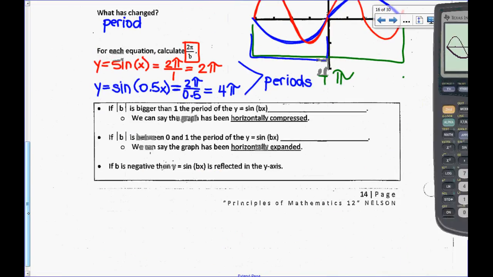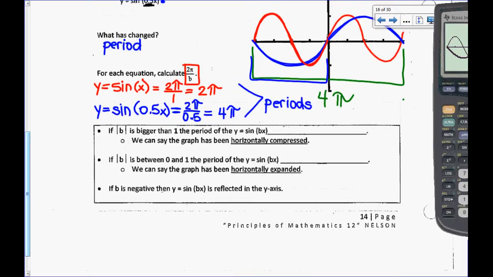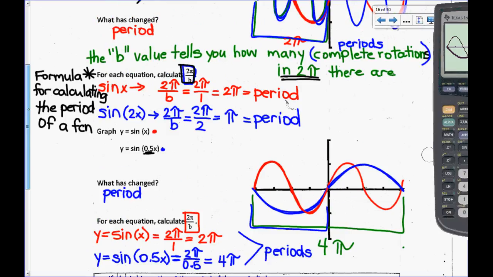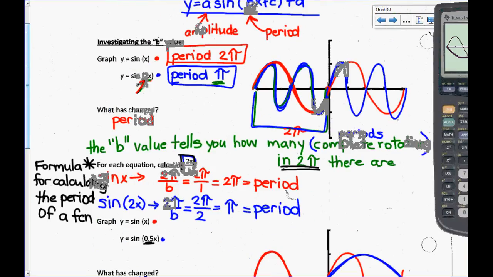Okay, so let's see if we can answer this. So if the absolute value of b, in other words, the positive value of whatever we're multiplying that x by, is greater than 1, so that was our first ones here, then like this one where we did 2x. Okay, it changed, how did it change the period? The period went from 2 pi to 1 pi, right?